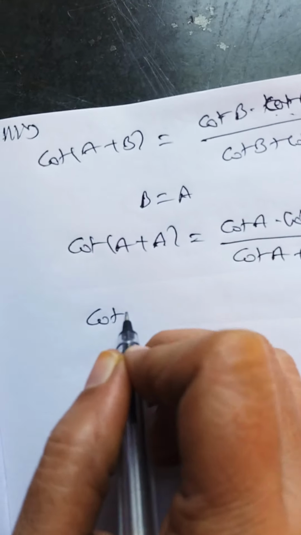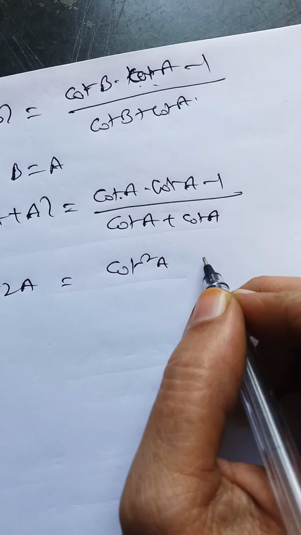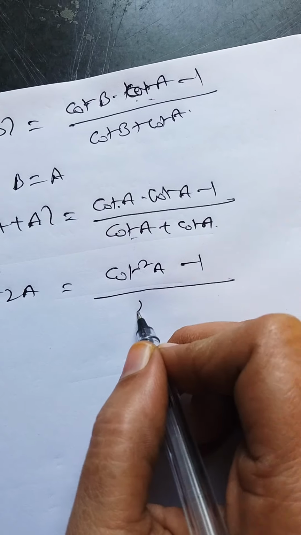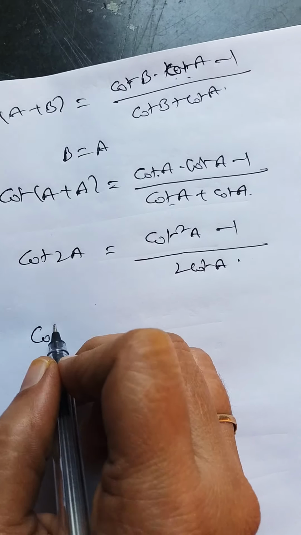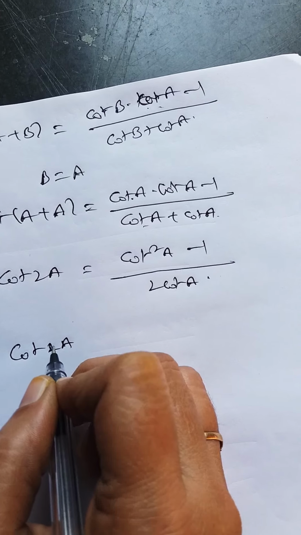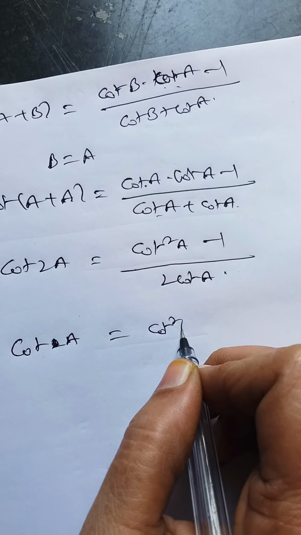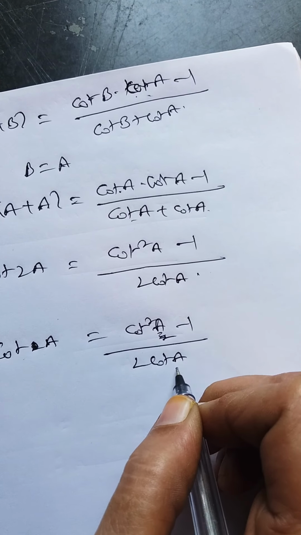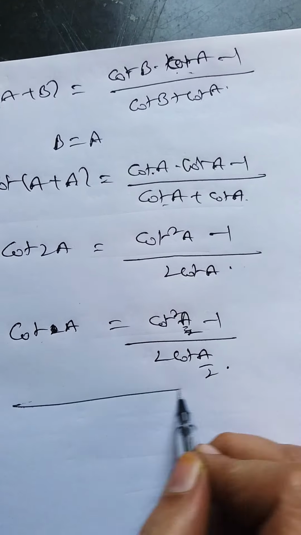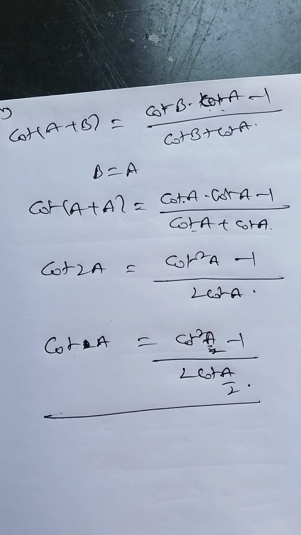We'll get cot 2a is equal to cot a into cot a is cot square a minus 1 by cot a plus cot a is 2 cot a. Now what is the submultiple of cot 2a? Cot 2a by 2, that is cot a. Directly I am writing cot a is equal to cot square a by 2 minus 1 by 2 cot a by 2. So these all are submultiples of sin, cos, tan and cot.